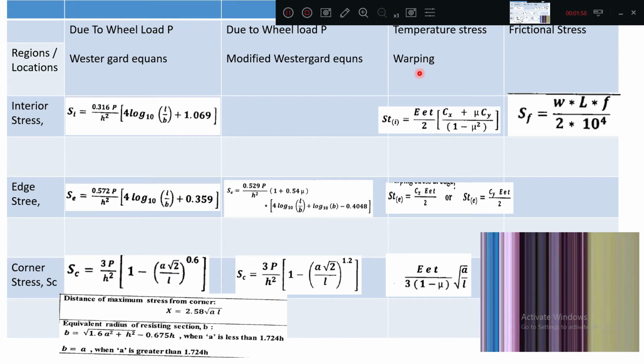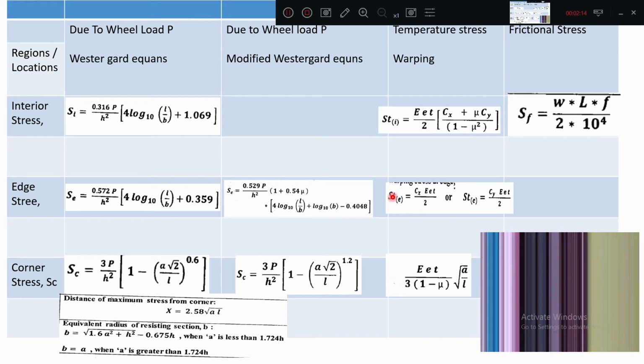In warping stresses, you need to calculate three temperature stresses. That is why I have written STI, STE, and this should be STC, because I for interior, E for edge, STC, C for corner.